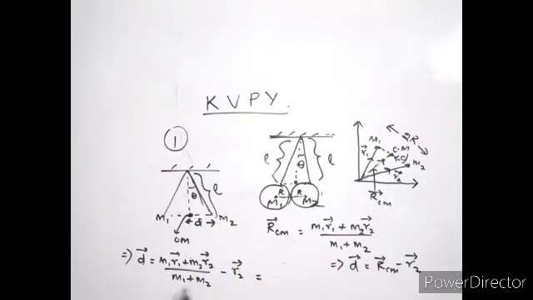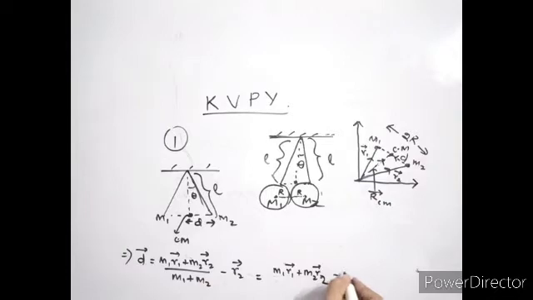Now this equates to, taking m1 plus m2 as the common denominator, m1 r1 vector plus m2 r2 vector, minus m1 plus m2 multiplied with r2 vector, and that whole divided by m1 plus m2.